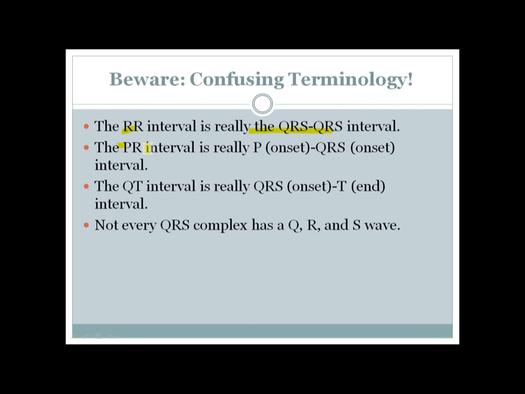The PR interval is from the onset of the P wave to the onset of QRS. The QT interval is the onset of QRS to the end of the T. So it's actually not that standardized, and not every QRS complex has a Q, R, and S wave.